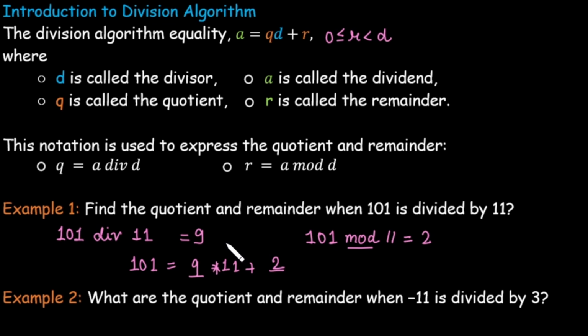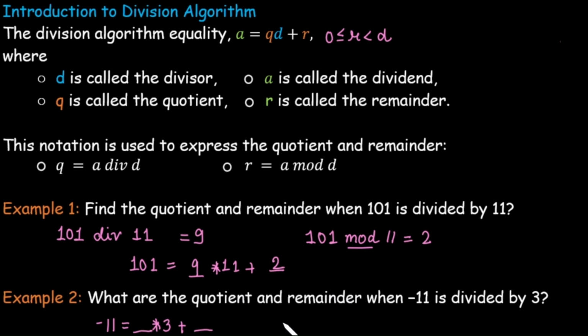Let's take another example. What are the quotient and the remainder when minus 11 is divided by 3? In this case, we can write minus 11 is equal to 3 times something plus something, so we need to find the quotient and the remainder.